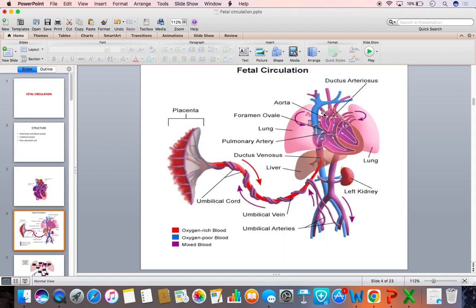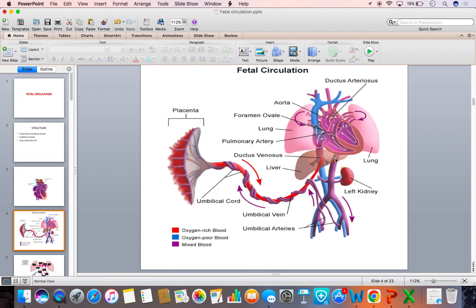So the blood from the right ventricle is pumped into the pulmonary trunk as usual, but it is shunted into the aorta, the descending aorta, through ductus arteriosus. This is again an important vascular structure, a feature of fetal circulation. Next aspect.